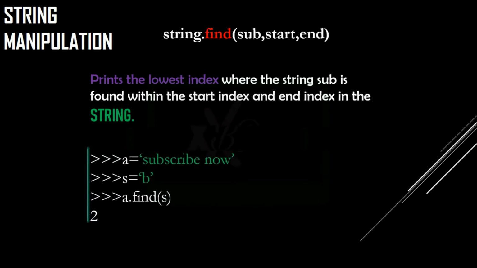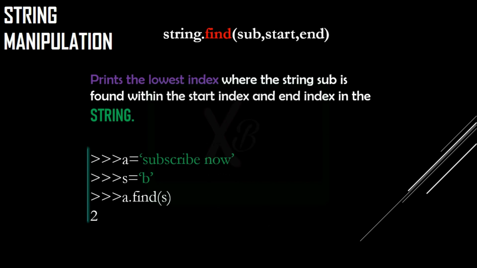Alright, so this is the example. Small a has the string subscribe now, and then we have another variable small s that is storing the string b. It has only b in it. And now what method have I written? a.find(s). So a is the main string, then .find is the method or function, and in the brackets I have written the substring.